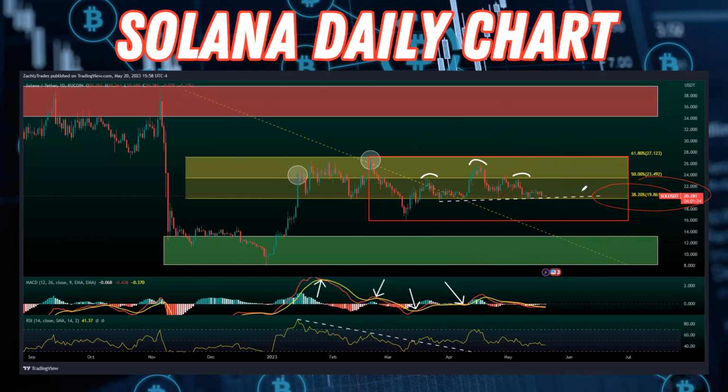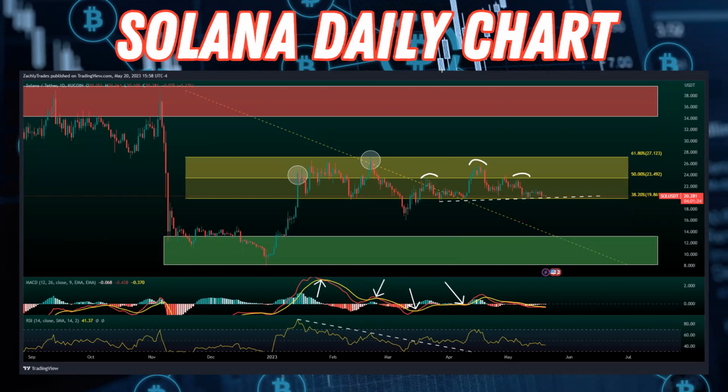19.86 is a major support level right now. We consolidated there really ever since the beginning of April. It's been a strong support level. So you can see here, we've tested it many, many times, right? We tested it 1, 2, 3, 4, 5, 6, 7, so many times, guys, all throughout here. And really what you have to keep in mind is that the more times you test the level, the weaker it gets, right?